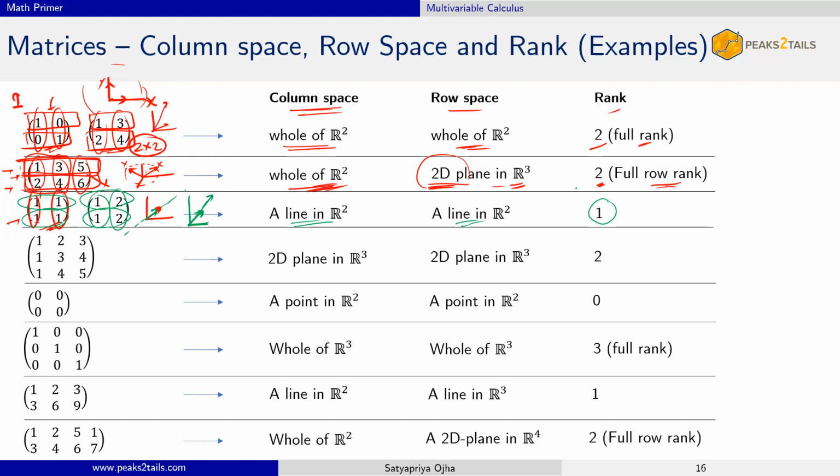Is this matrix full rank, guys? Is this matrix full rank? No. Correct. Okay, hope this is clear. Move to the next one. What is the column space? This, this. Are these three vectors linearly independent? Yes, no. Are these vectors linearly independent?